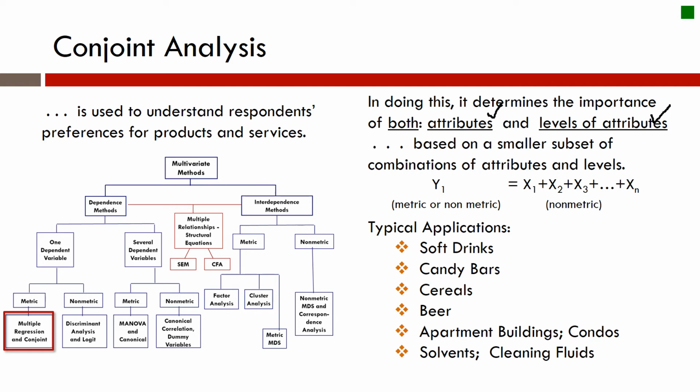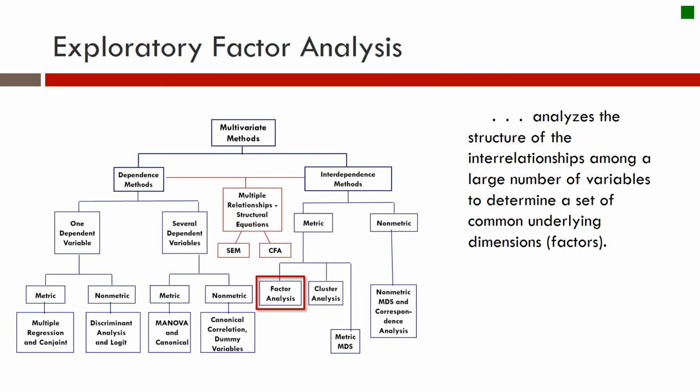It really is a type of regression in concept, I guess, and it helps produce, again, the different types of preferences that consumers would have. So conjoint analysis is something that's interesting to do.